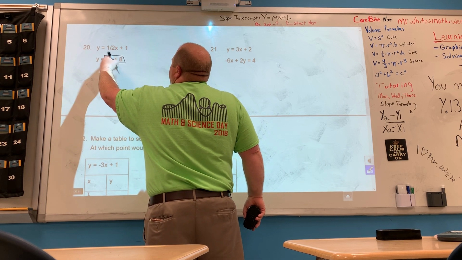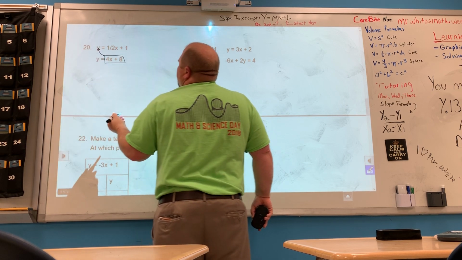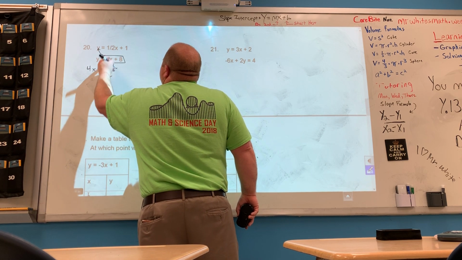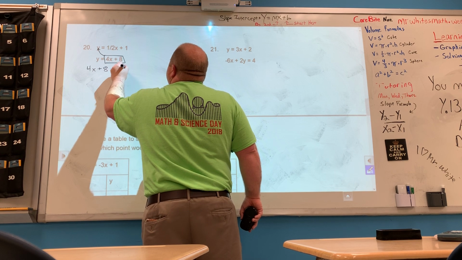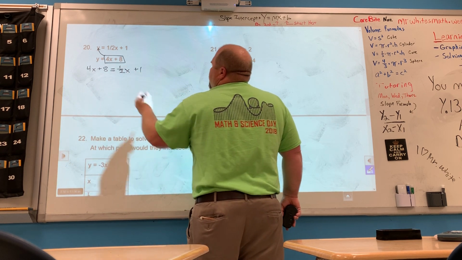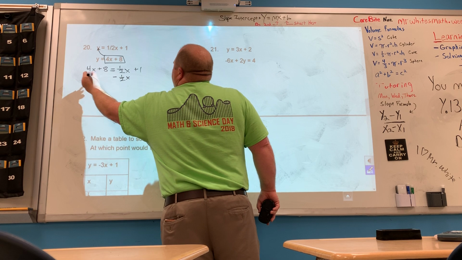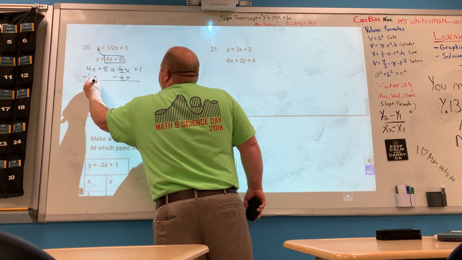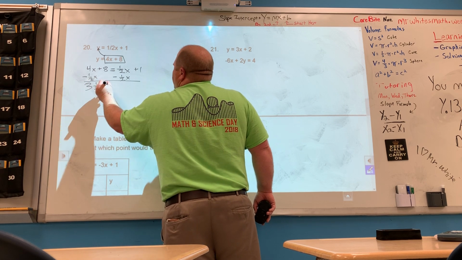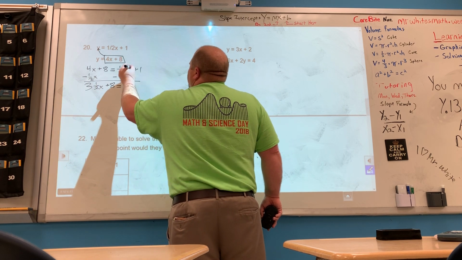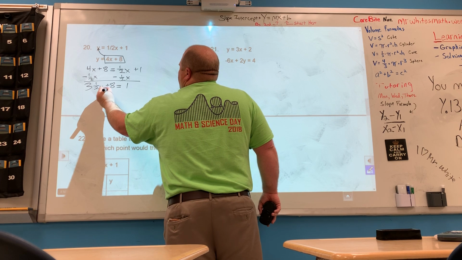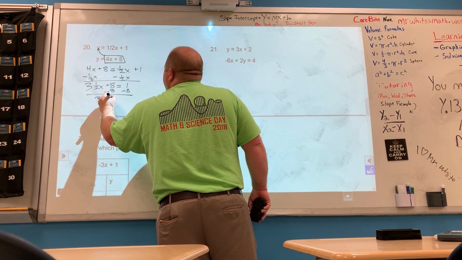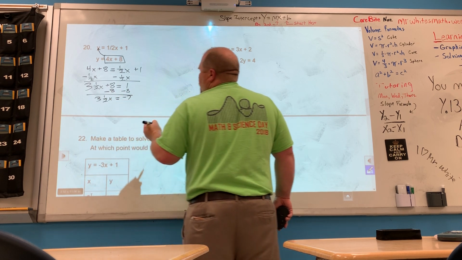So since y is equal to this amount, I can actually substitute that in for y. And so that'll say 4x plus 8 is equal to half x plus 1. So I can subtract half an x on both sides. And I get 3.5x, whichever you prefer. I can go ahead and do minus 8, 3.5x equals negative 7.